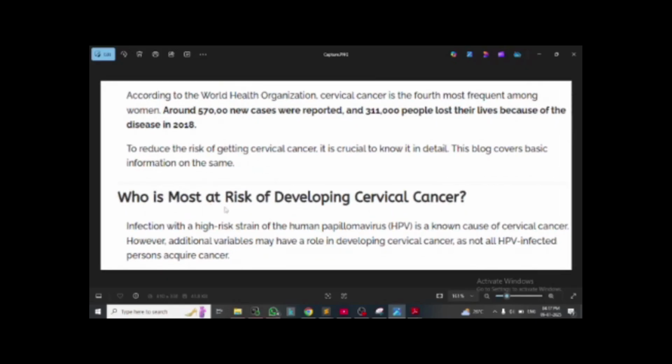Who is most at risk of developing cervical cancer? Infection with a high risk strain of the human papillomavirus, HPV, is a known cause of cervical cancer. However, additional variables may have a role, as not all HPV infected persons acquire cancer.